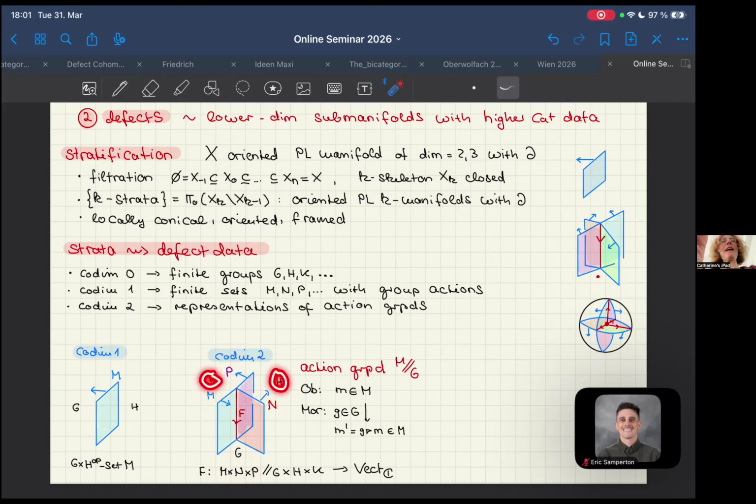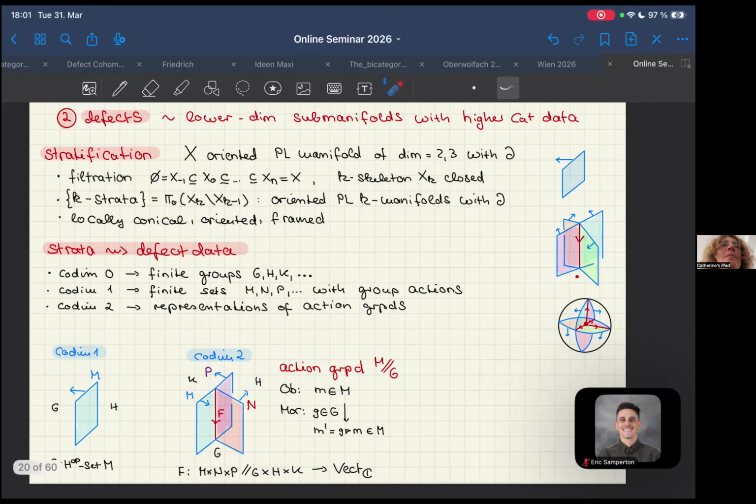So here we have K, H, and G. We go in a small neighborhood that intersects this, and we take the product of these groups, and we let each group in this product act on each element here in the way given by the group actions for these planes. And this is our action groupoid, and then a representation of such an action groupoid is just a functor from the action groupoid to the category of vector spaces. And I'll give some examples of such functors later.